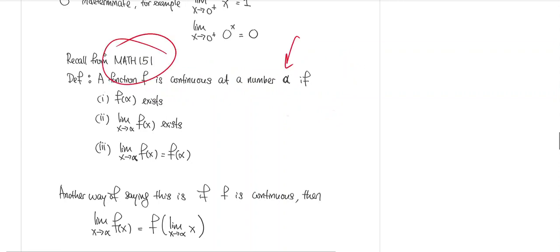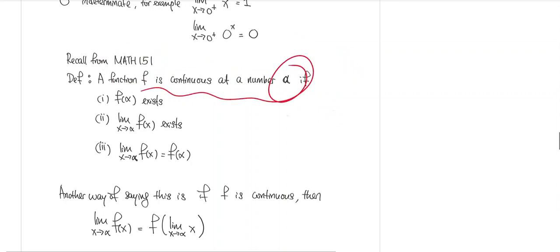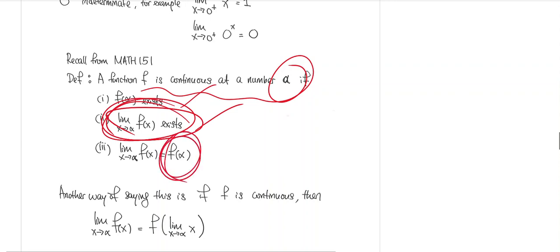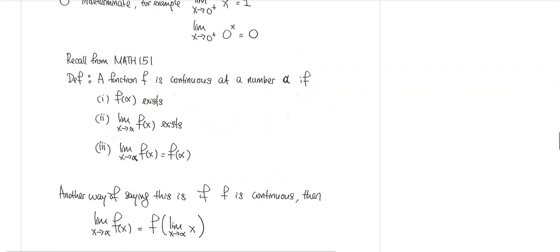Recall Math 151: when a function is continuous at the number alpha, it means that f(alpha) has to exist, this limit has to exist, and the limit you get has to be the same as f(alpha). So that's the concept of continuity.